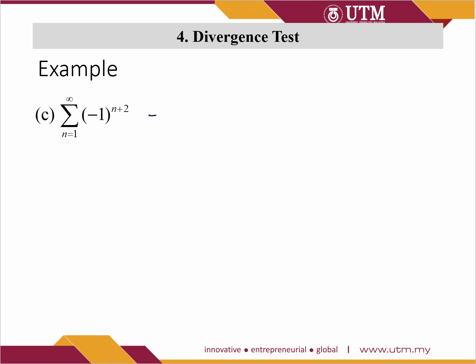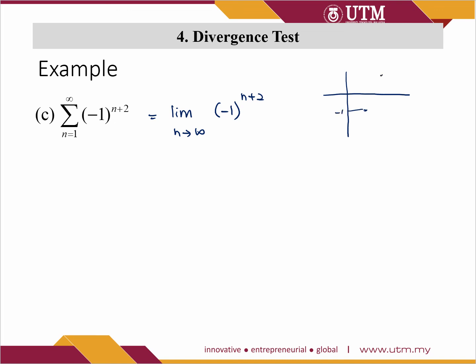For the last question, the summation of negative 1 to the power of n plus 2. Using the divergence test, it will be the limit of negative 1 to the power of n plus 2 as n approaches infinity. If we try to plot this, negative 1 to the power of 3 would be negative 1, and when it is to the power of an even number, you will get 1.